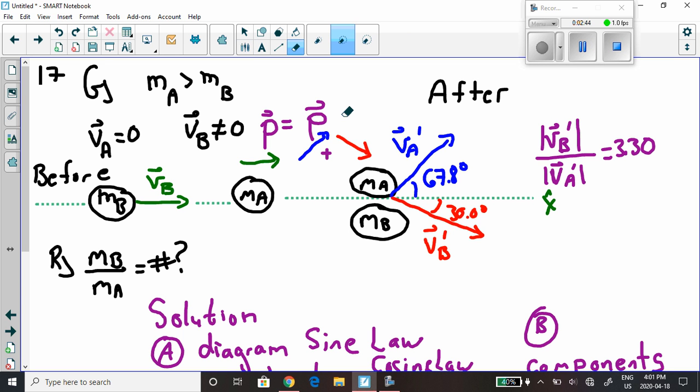What do we know? We know that after the collision, MA takes off at 67.8 degrees to the original direction, and MB takes off at 30 degrees to the original direction.